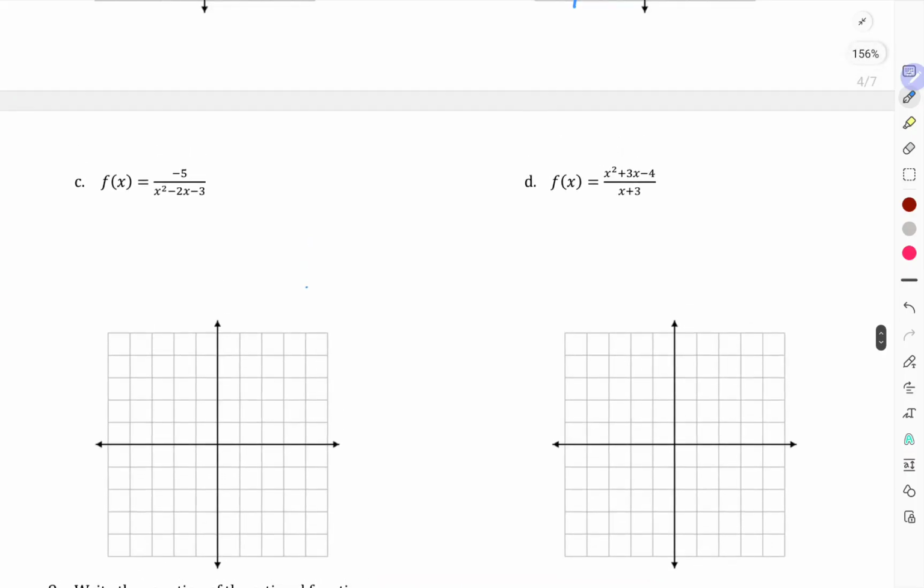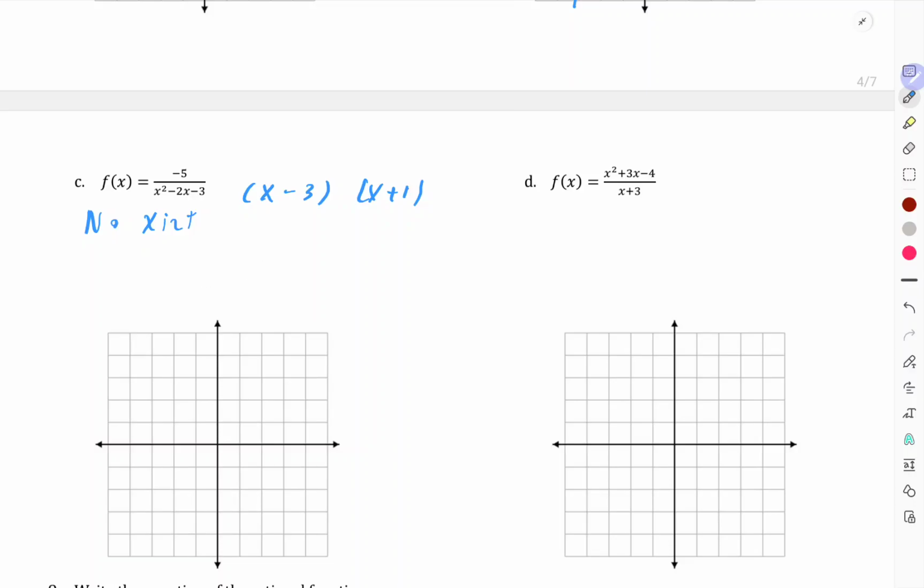So here we actually have no x-intercepts, because there's no x on the top. So now we look at the bottom. We factor the bottom: x minus 3, x plus 1, because we want this to be negative and that also to be negative.